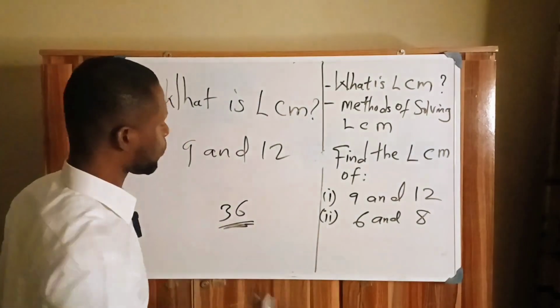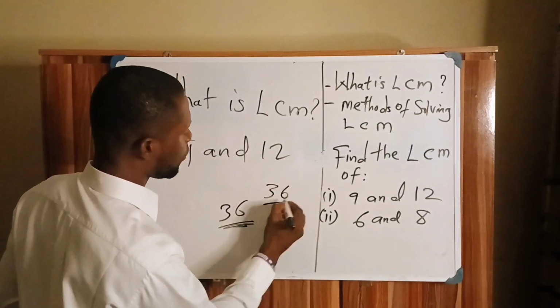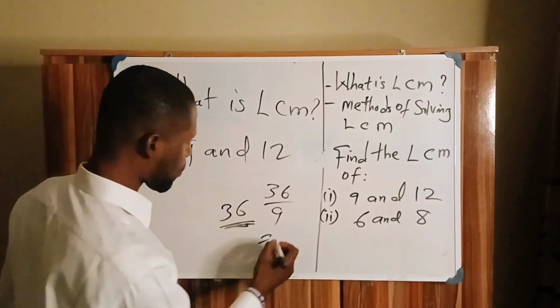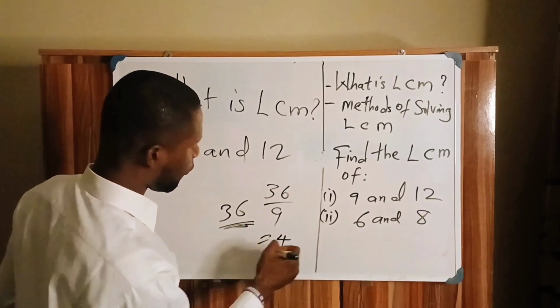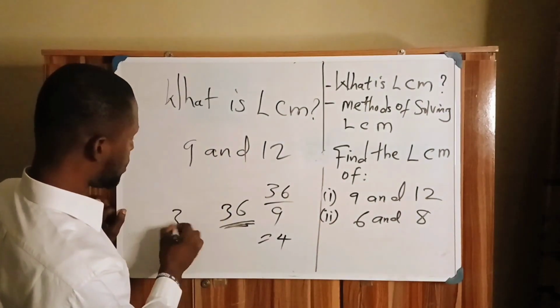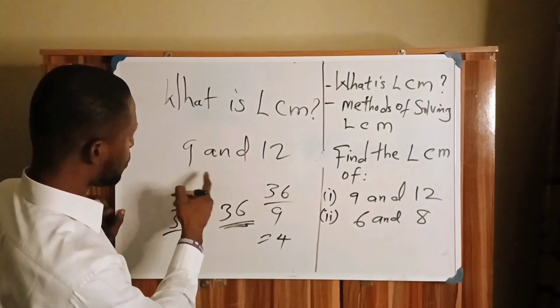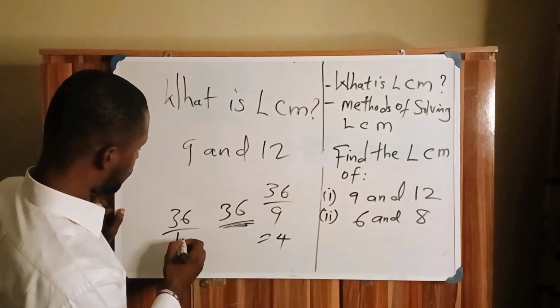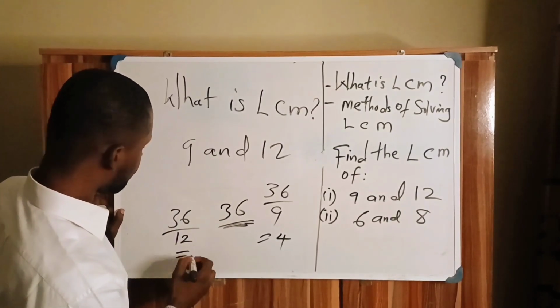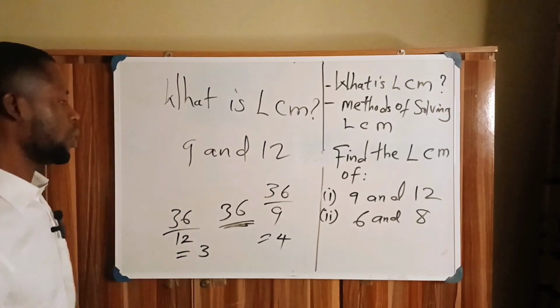For example, 36 divided by 9, we are going to have 4. And 36 divided by 12, we are going to have 3.